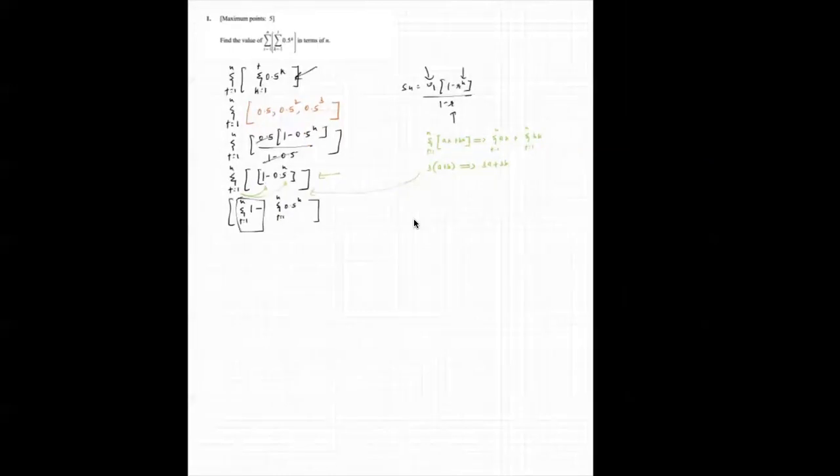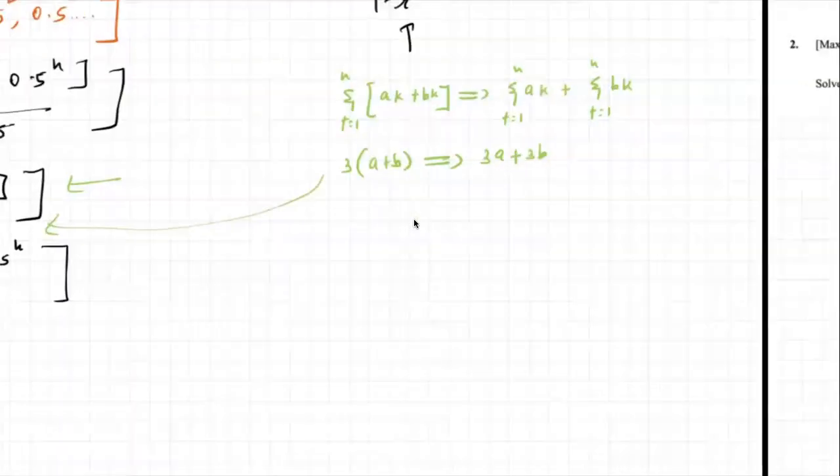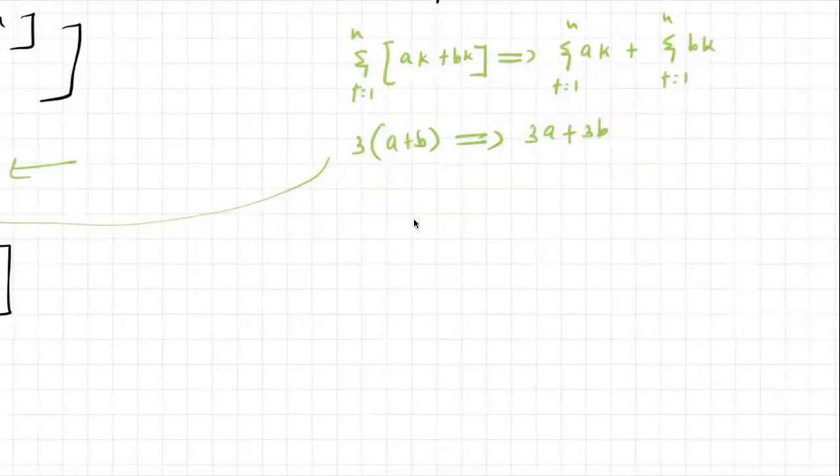So to simplify this particular part, I'm going to use one more property of sequences, which would be this one. Summation where t is equal to 1 goes up to n, and you have a constant here, a very important point, where c is a constant.